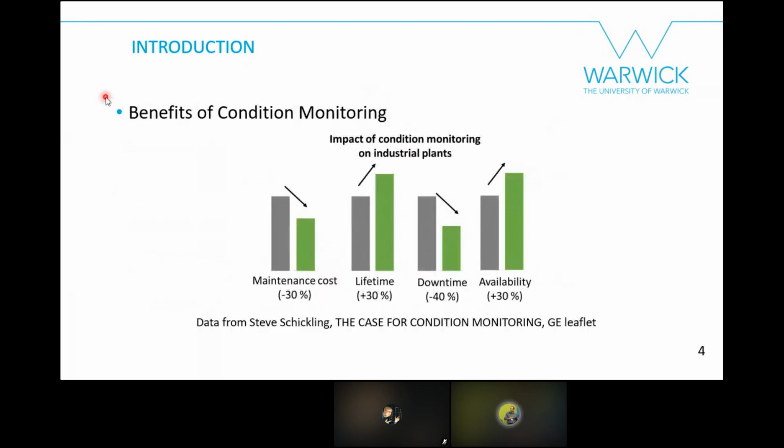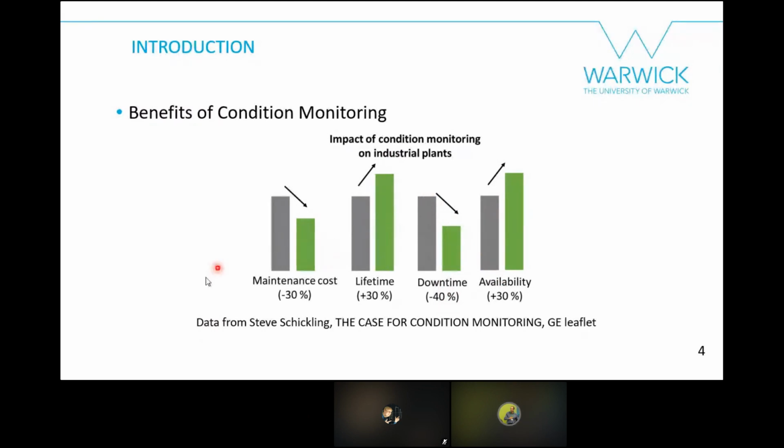The first thing that I would like to highlight is what are the benefits of condition monitoring. I took some data from a report that is online, the case for condition monitoring, and they evaluate the impact of condition monitoring on industrial plants. They report a reduction of 30% of maintenance cost, an increase of 30% of the lifetime, a reduction of 40% of the downtime, and an increased availability of 30%.